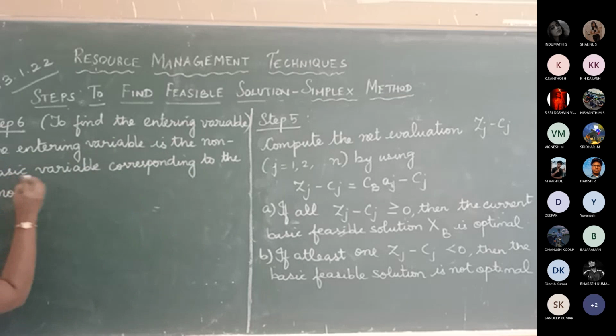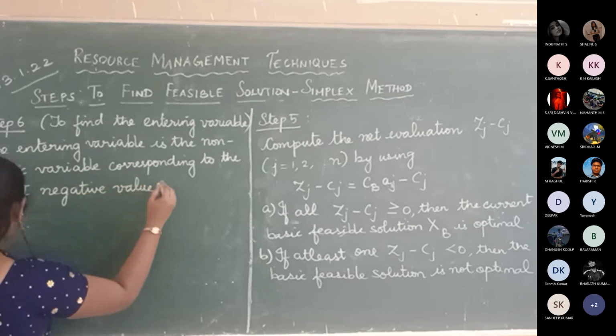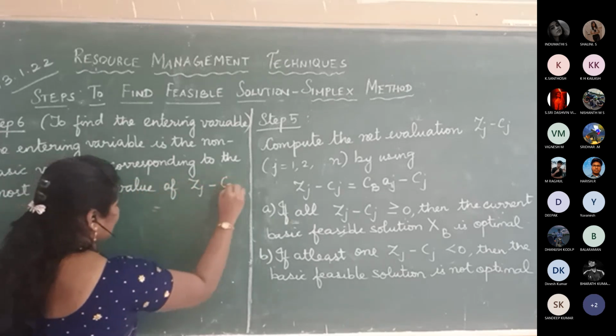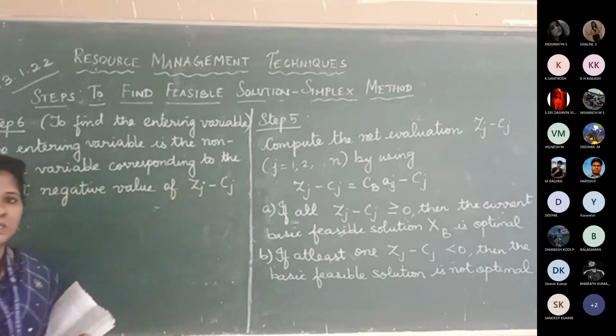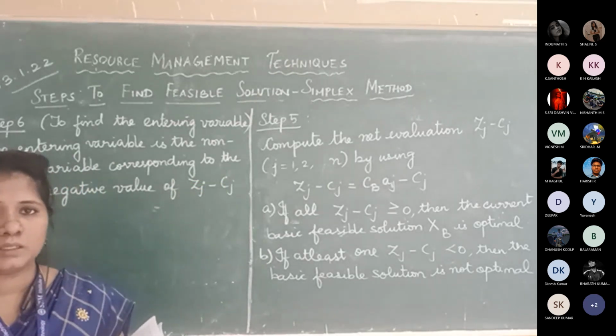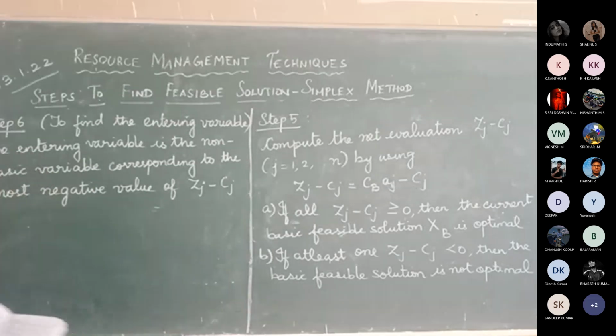I told you, in the most negative value you have to take. So in your most negative value of your Zj minus Cj, you have to take the most negative value. You must not take just any negative value. You have to take the most negative value.